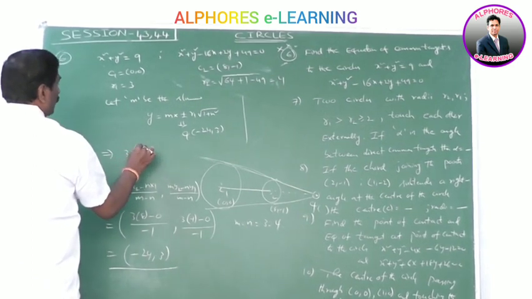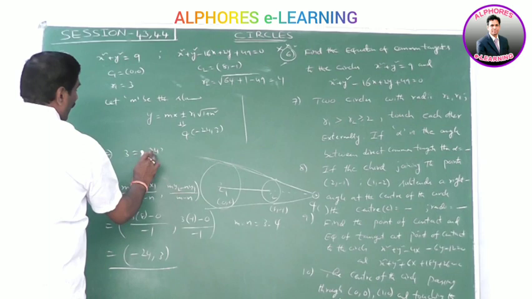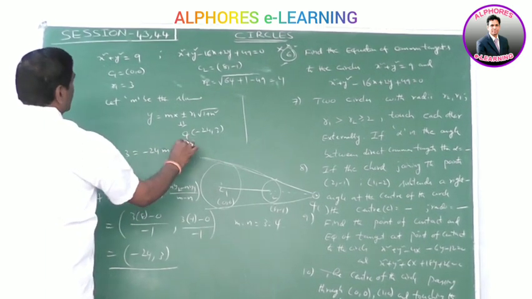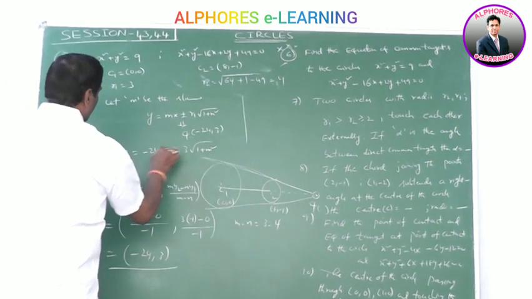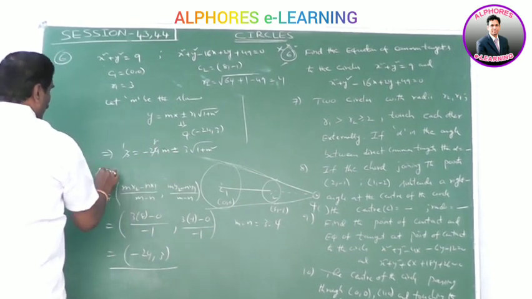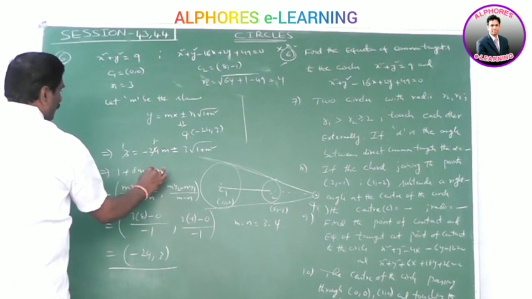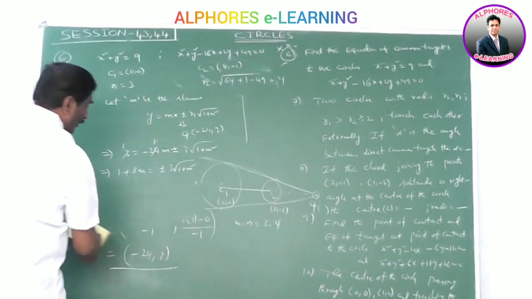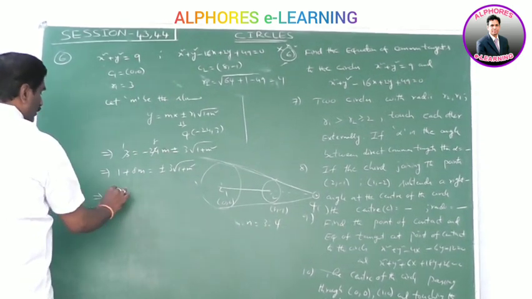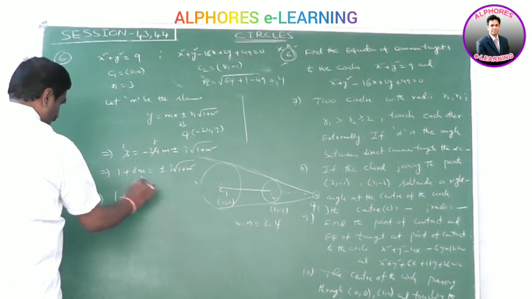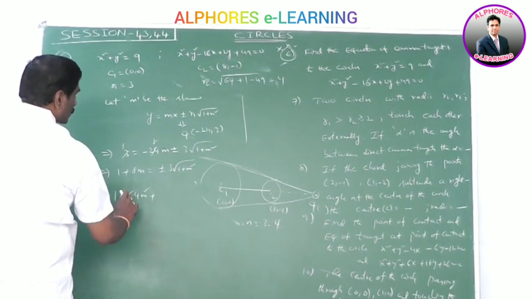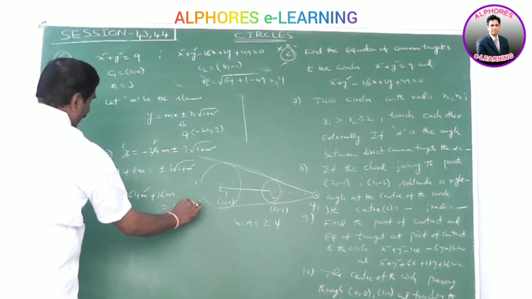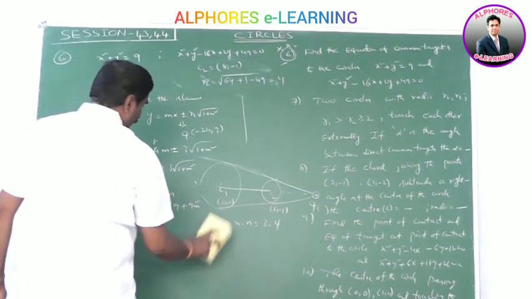That implies 3 = −24m ± 3√(1 + m²). Here r1 is 3, so dividing by 3, 1 + 8m = ±√(1 + m²) times 3 over 3. On squaring both sides, we get 1 + 64m² + 16m = 9 + 9m².